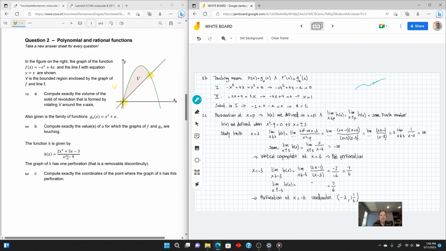So the undefined points are x squared minus 9 is equal to 0, which means x is plus or minus 3. So only these points could possibly be perforations.